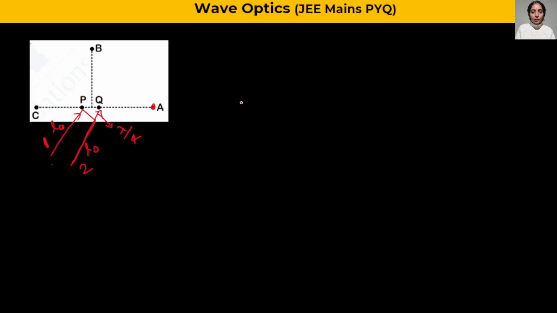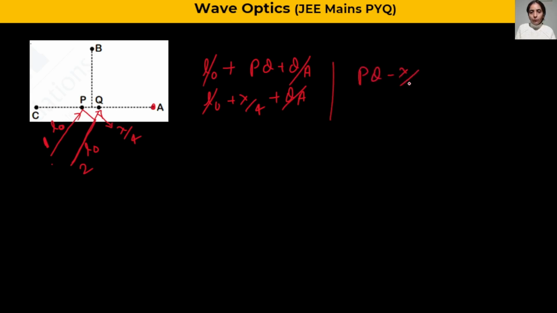First light को A तक पहुंचने के लिए कितना distance cover करना पड़ेगा? So that is L naught plus PQ plus QA. And how much will the second light cover? That is your L naught plus lambda by 4 plus QA. Okay, difference आप इन दोनों का ले लो. Difference लोगे, ये cancel होगा, ये और ये cancel होगा. So this is basically PQ minus lambda by 4, and PQ is equal to how much? That is given in the question.